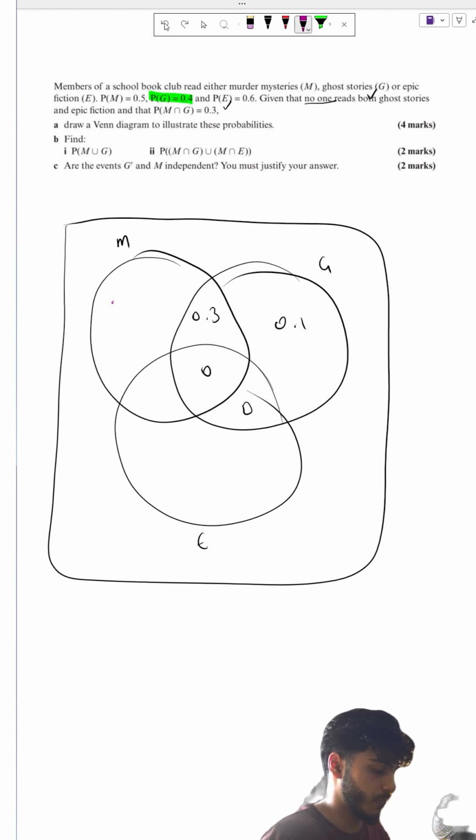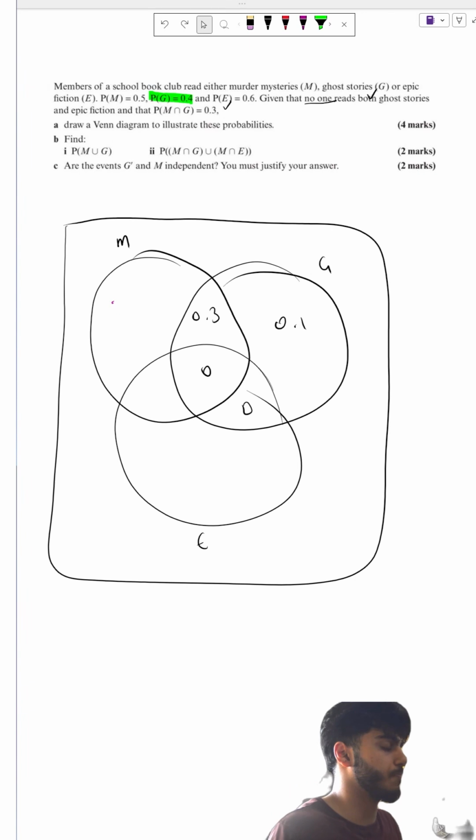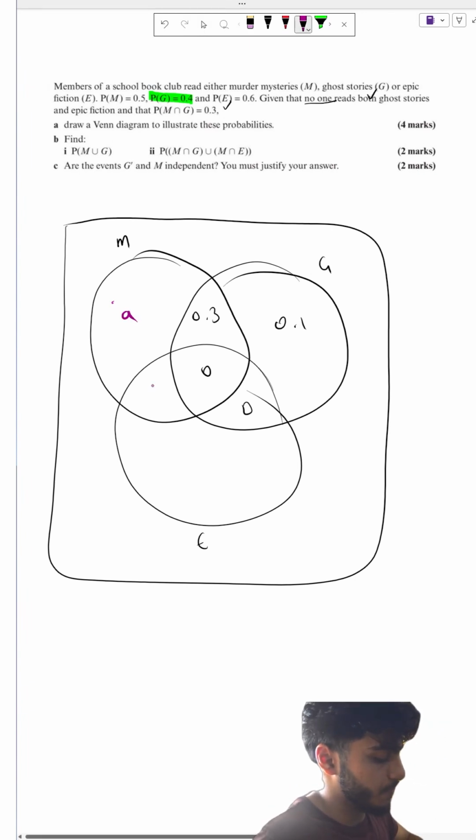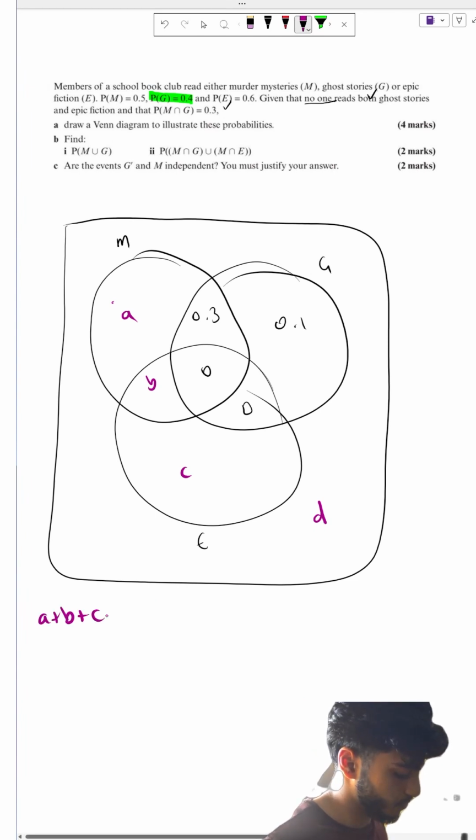Let me skip this. Let me give it another try. I'm going to add all the probabilities together. A plus B plus C plus 0.4. We have another probability on the outside. That is equal to 1. A plus B plus C plus D is equal to 0.6.